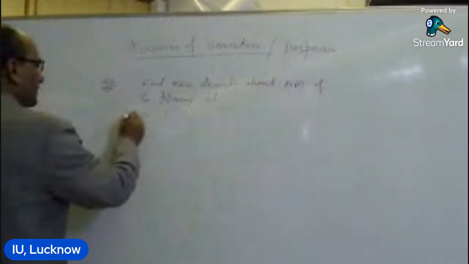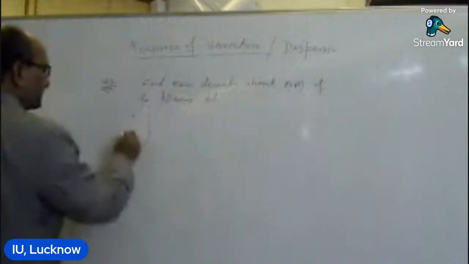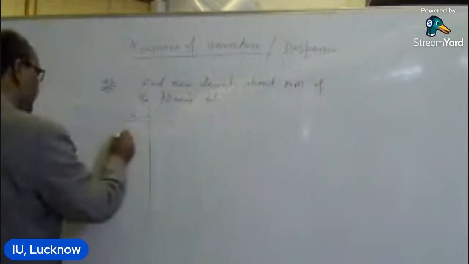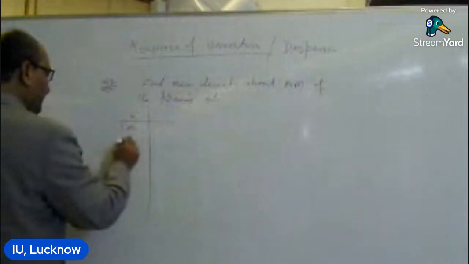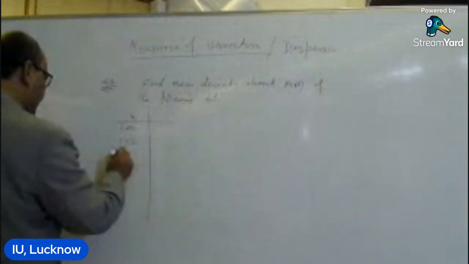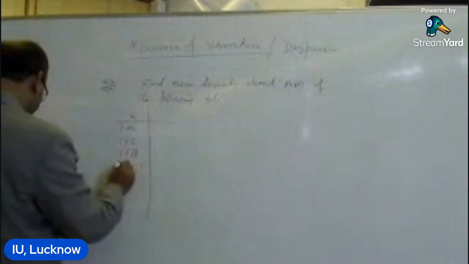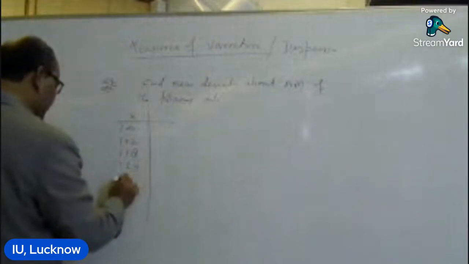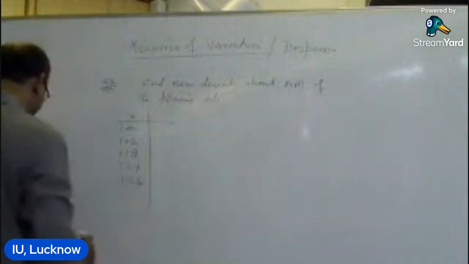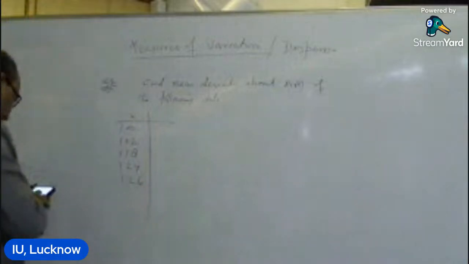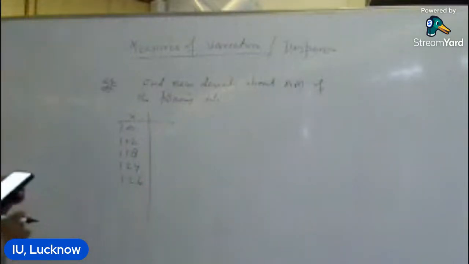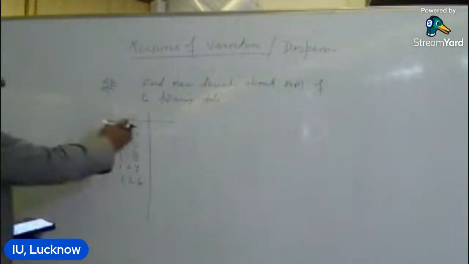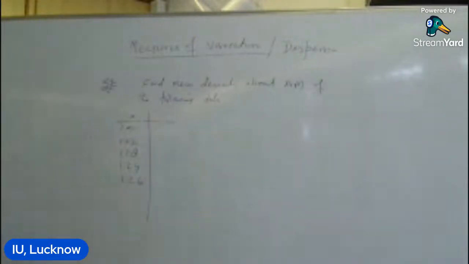We take the data x: 100, 102, 118, 124 and 126. So these are the values.